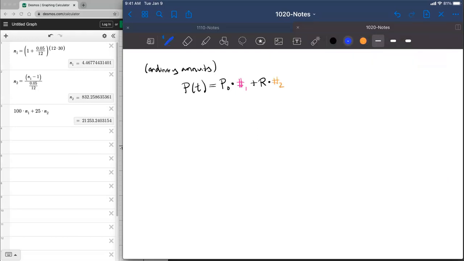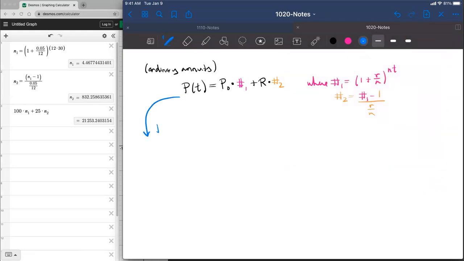And I guess for completeness I will write where number 1 is equal to (1 plus r over n) to the nt power, and number 2 is equal to number 1 minus 1 divided by r divided by n. Okay, so those are what those numbers are. Now to transition to loans, let's do this in blue.